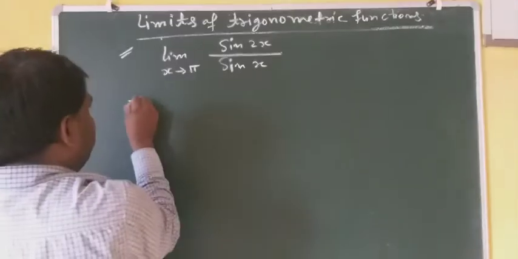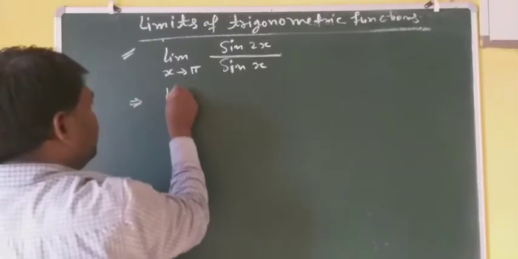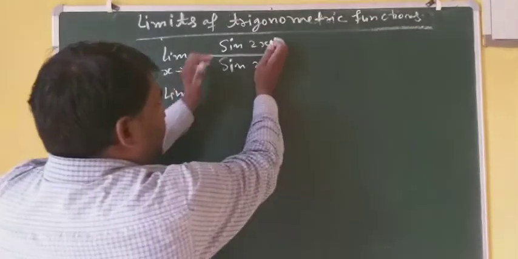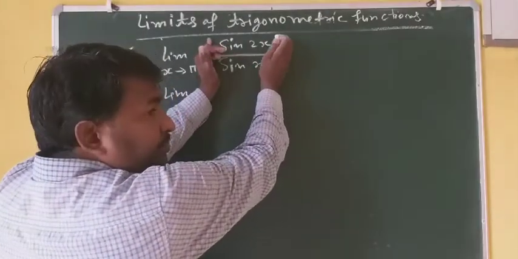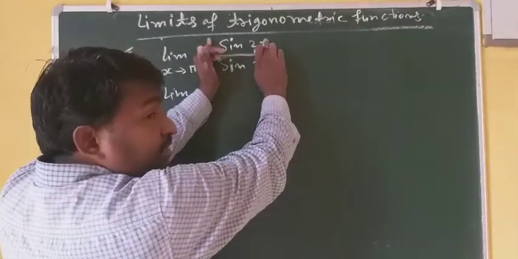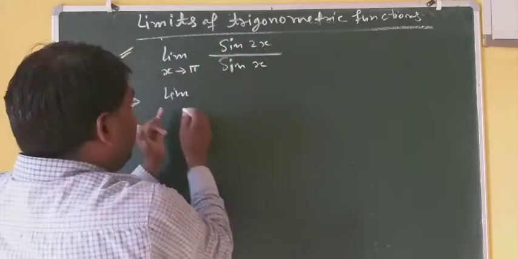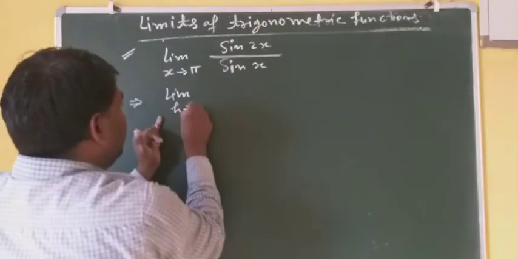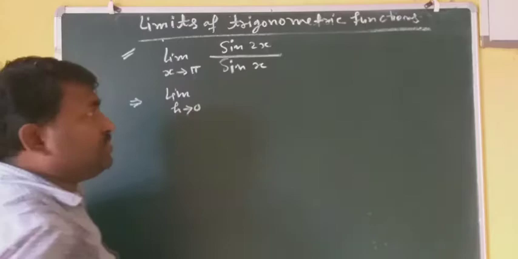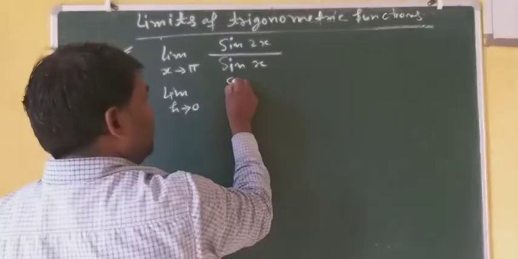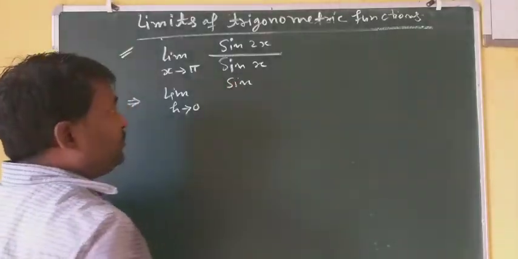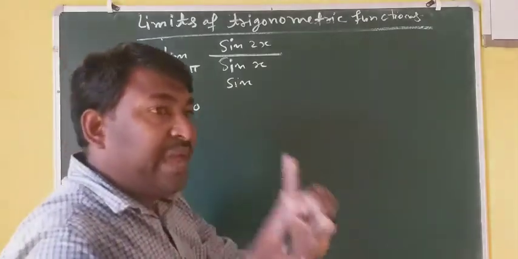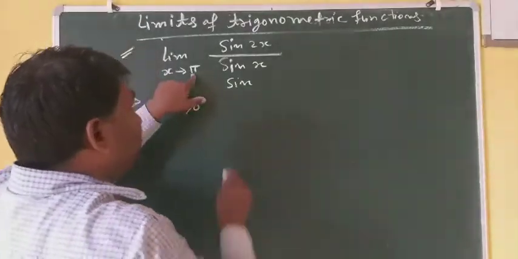Okay, so it implies the limit, and now these trigonometric functions become in terms of h. In the next step you need to write h tends to 0 this time. I have told you that in place of x you have to put a plus h.